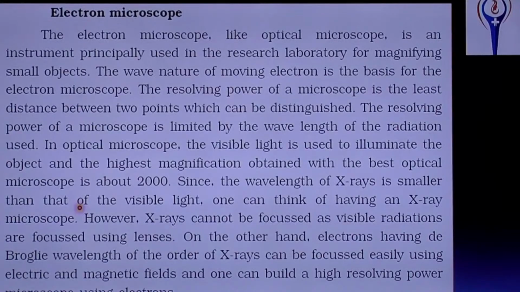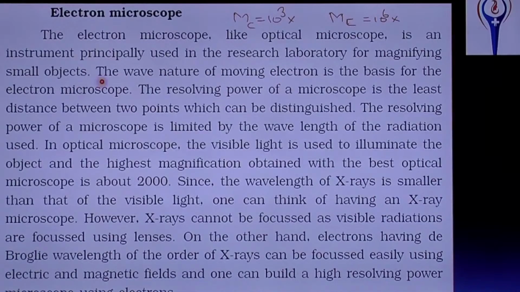For a compound microscope, the magnification will be 10 power 3 times, 1000 times. But an electron microscope may magnify 10 power 6 times, a million times. The electron microscope, like the optical microscope, is an instrument principally used in research laboratories for magnifying small objects.